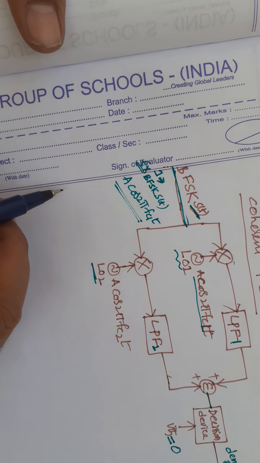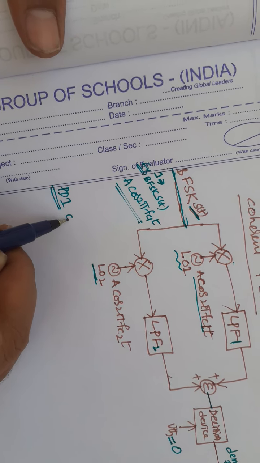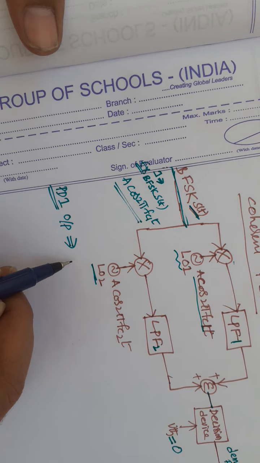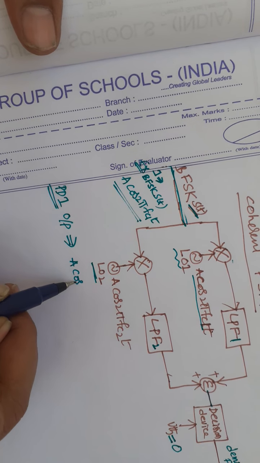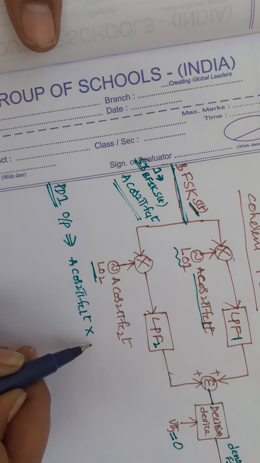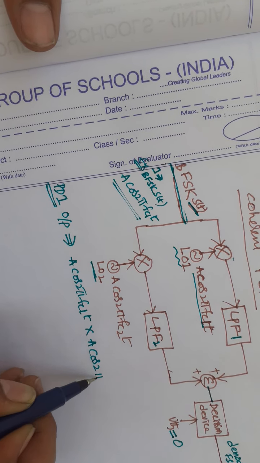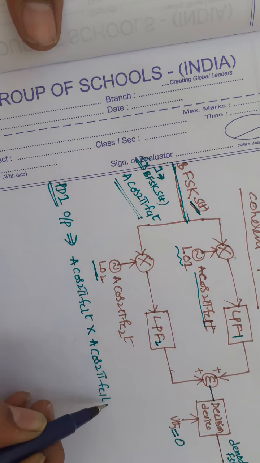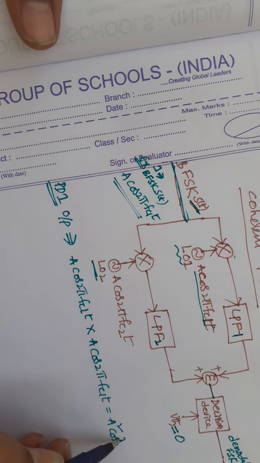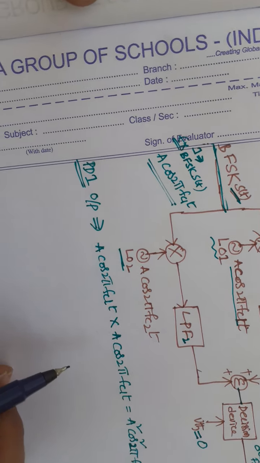First, product detector 1 output: the BFSK signal, A cos 2 pi Fc1t, is multiplied with local oscillator 1, that is A cos 2 pi Fc1t. It becomes A square cos square 2 pi Fc1t, right?